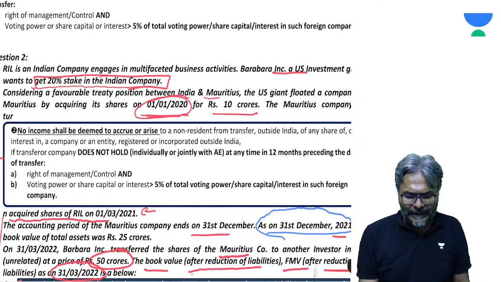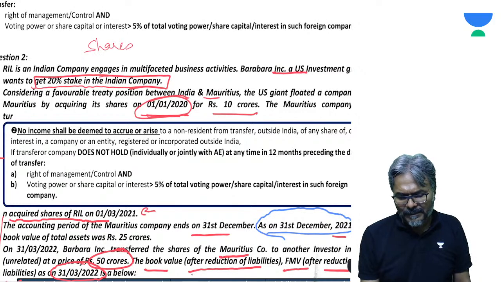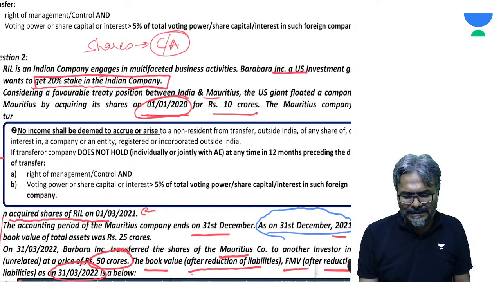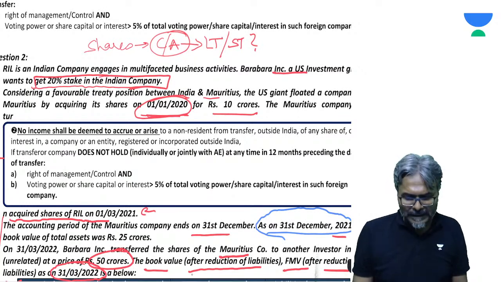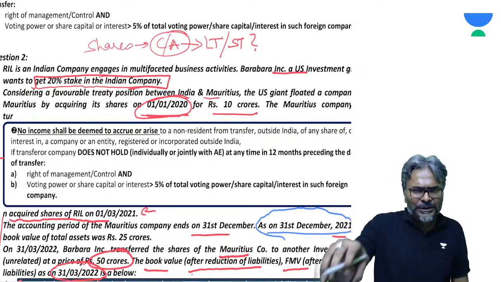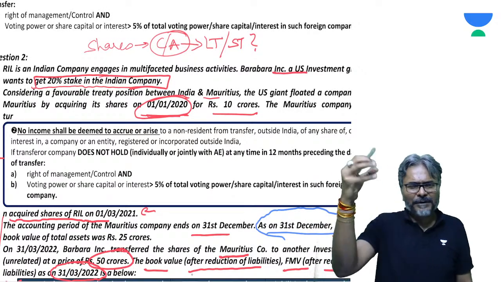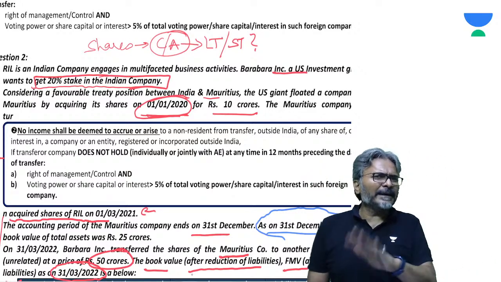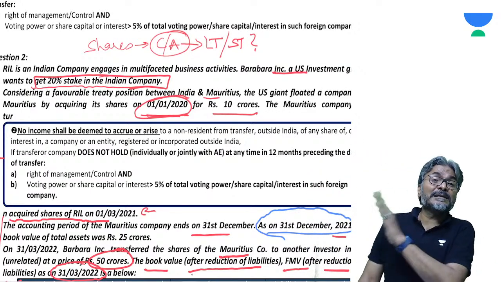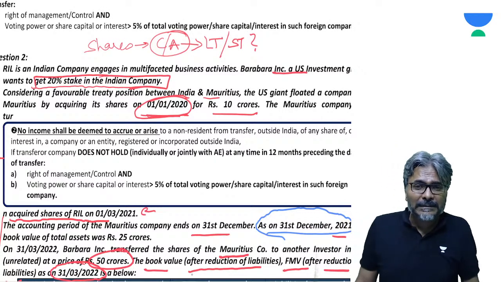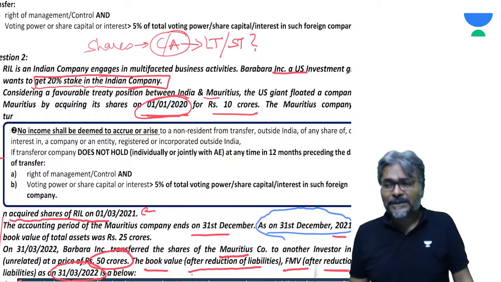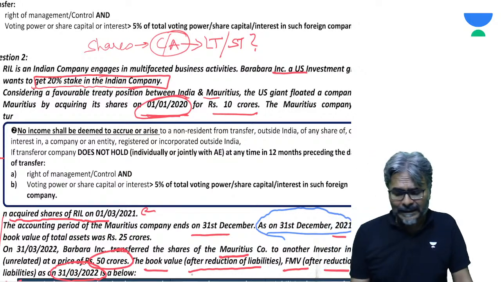Tell me one thing, the shares are a capital asset. Now we have to distinguish whether it is long term or short term. Now that Mauritius company share which they have transferred, is it listed in India? Will it be considered as a listed share or unlisted share? So far as India is concerned, it is unlisted.